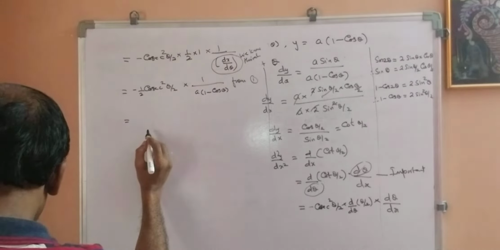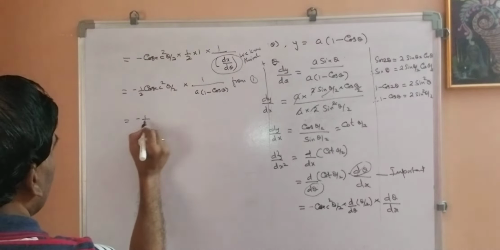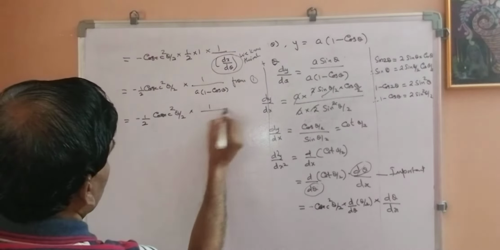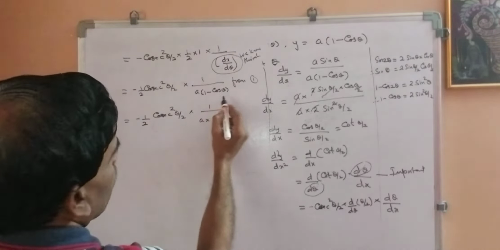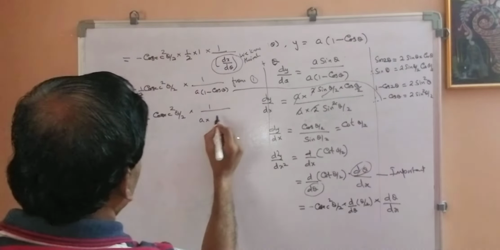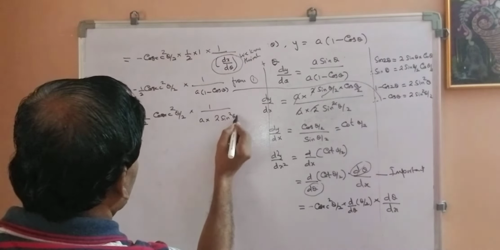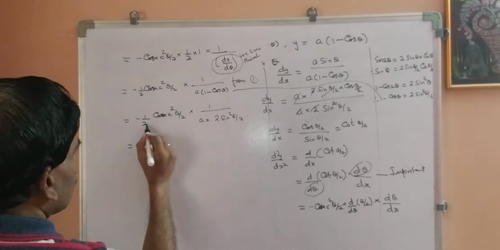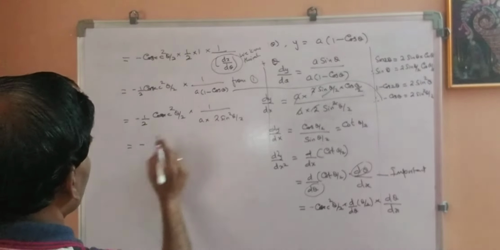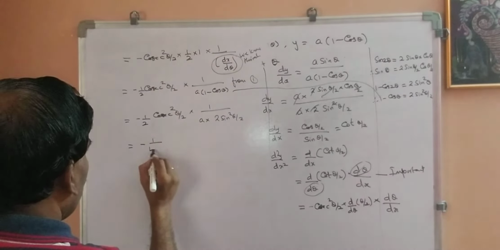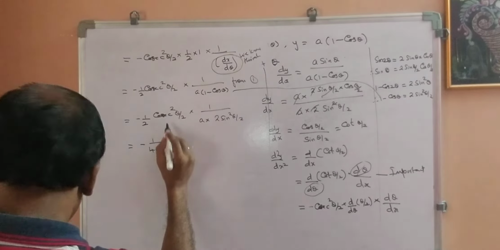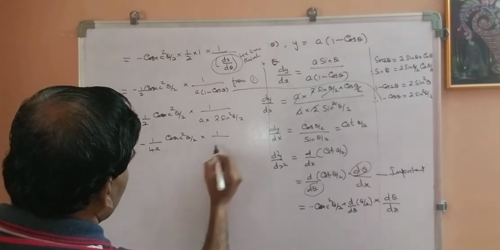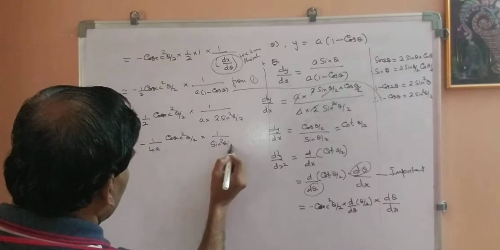Therefore, what will we get? Minus 1 by 2 cosec square theta by 2 into 1 upon a into, what is 1 minus cos theta? I told you, 2 sin square theta by 2. So minus, 2 twos are 4, 1 upon 4a into cosec square theta by 2 into 1 upon sin square theta by 2.